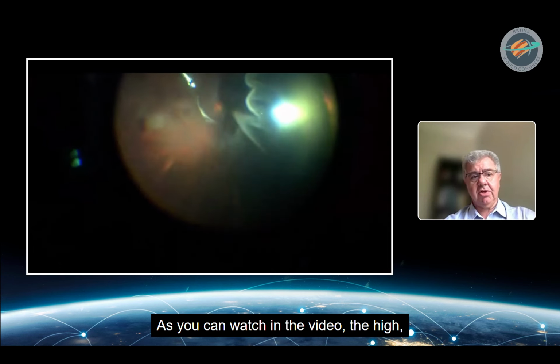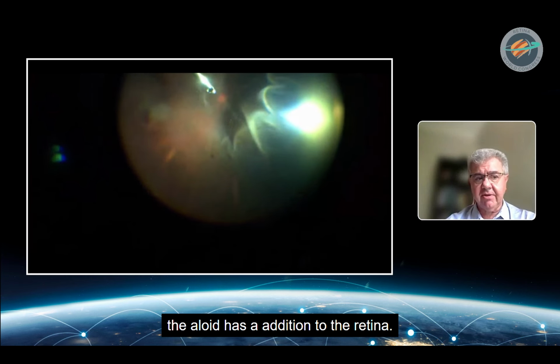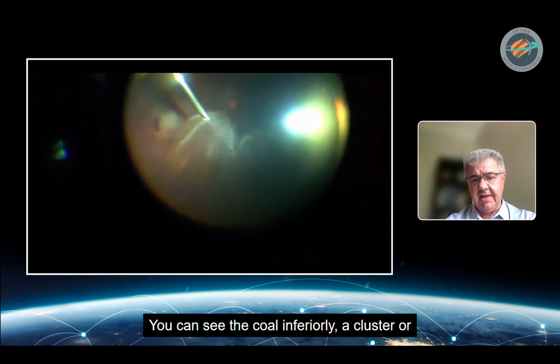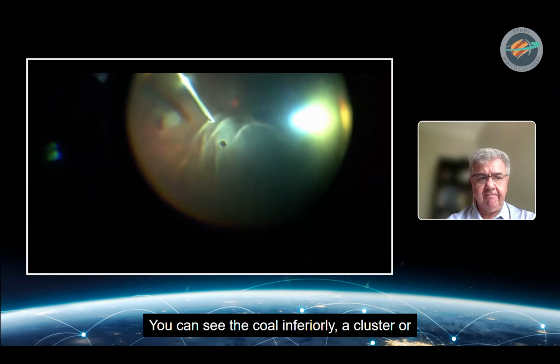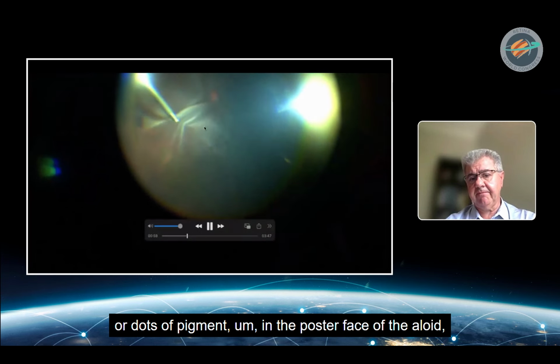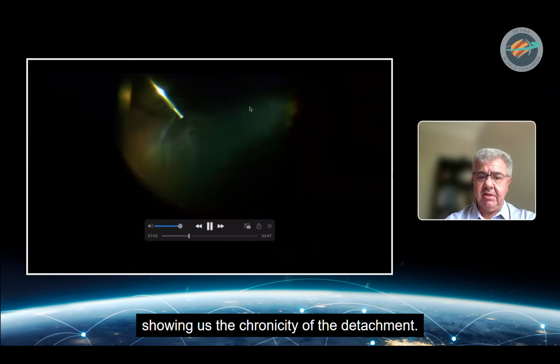As you can watch in the video, the hyaloid has a firm adhesion to the retina. It's strongly attached. You can see the cone inferiorly, a cluster of dots of pigment in the posterior face of the hyaloid, showing us the chronicity of the detachment.